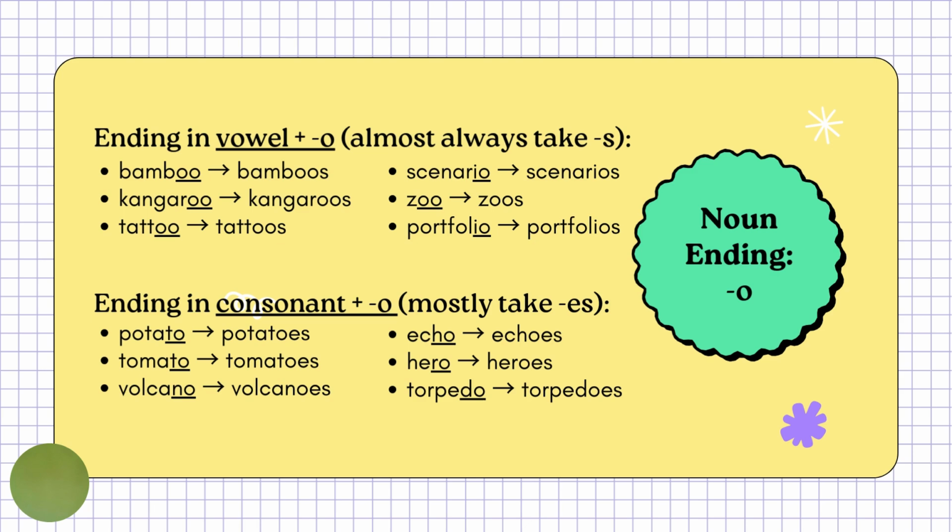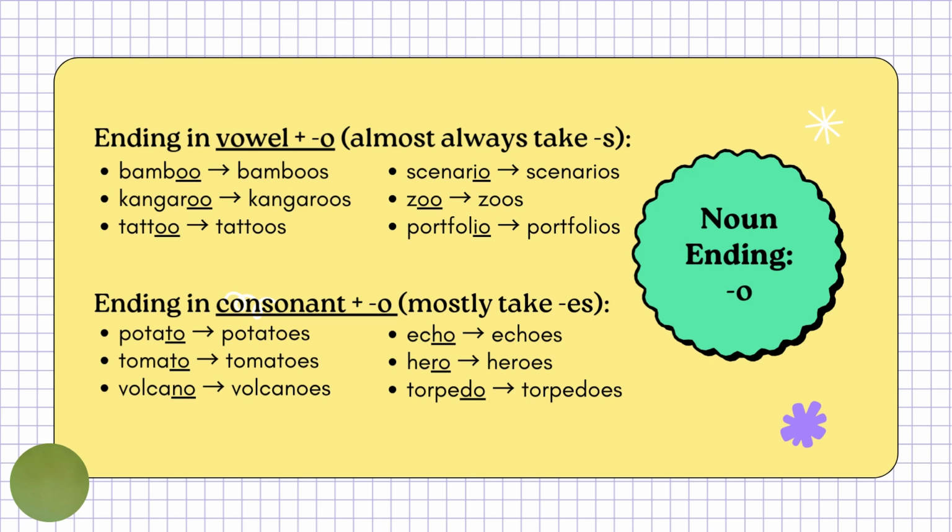That's why here on the slide you will see that almost always, not always, mostly, okay, because the rules sometimes do not work on certain words. So, for example, if the word ends with O, but before the O there is again a vowel, you just add S. Perhaps to help you remember, it's kind of difficult if there are three vowels.